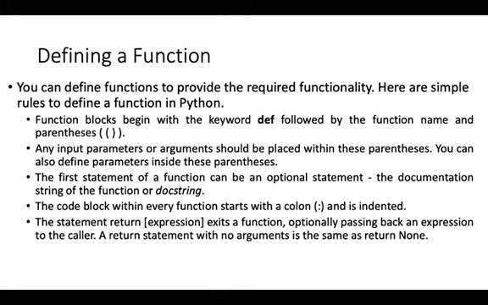The first statement of a function can be an optional statement, also called a docstring or documentation string of the function. The code block within every function starts with a colon and is indented. The return statement exits the function, and you can optionally pass back an expression to the caller. A return statement with no argument is the same as return None.